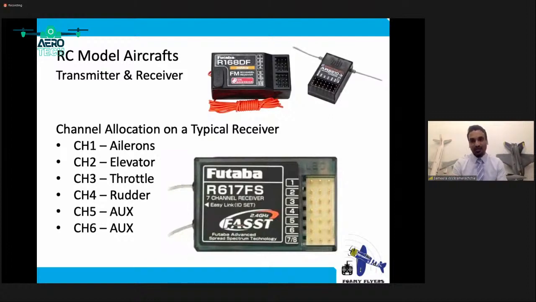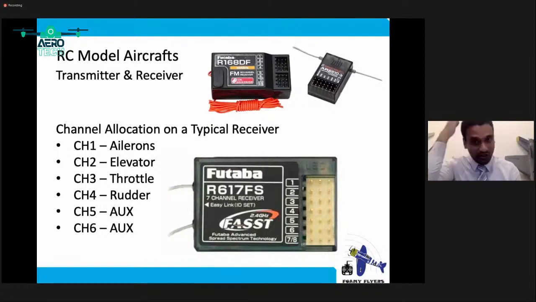Otherwise, it will not get bound to that particular transmitter. In the images I have here, there's this FM receiver, which is older technology. Nowadays, we're using 2.4 gigahertz and 5.8 gigahertz frequencies, which are very reliable, and you have more range as well.